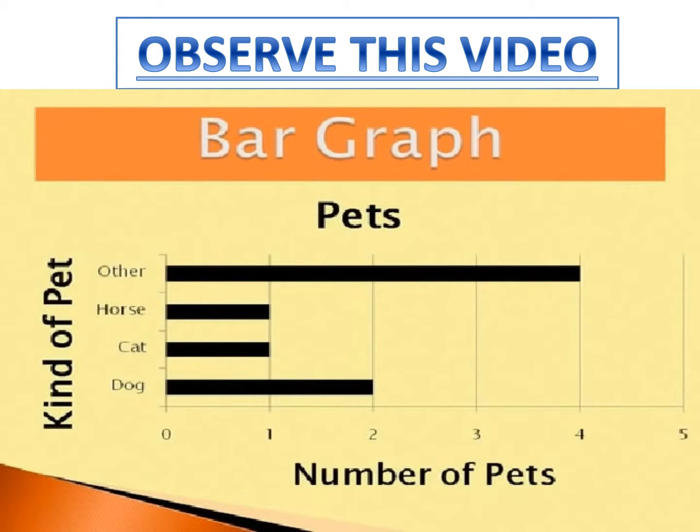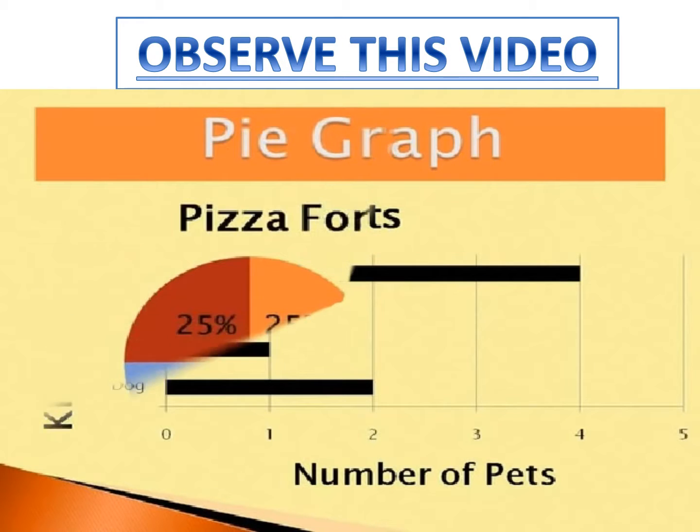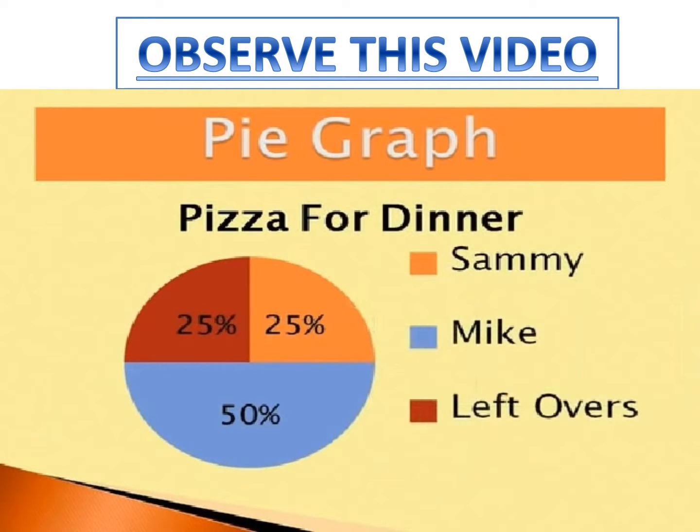In all of our graphs, we need to make sure we label what we are measuring. You need a descriptive title, such as pets, on this graph. For bar graphs, you also need to label the sides. So we are measuring what kind of pets someone has on this side, and on this side we are measuring how many people have that pet. For pie graphs, we also need to have a title.